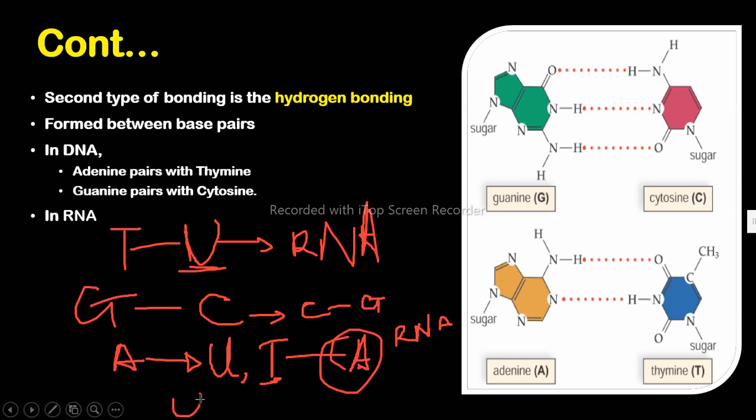And base U on RNA will pair up with base A, and base A on RNA will pair up with base U. If you understand this base pairing rule, we shall use it more frequently, and you'll be good to go.